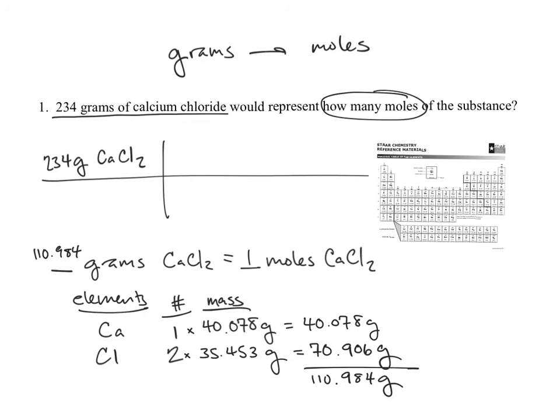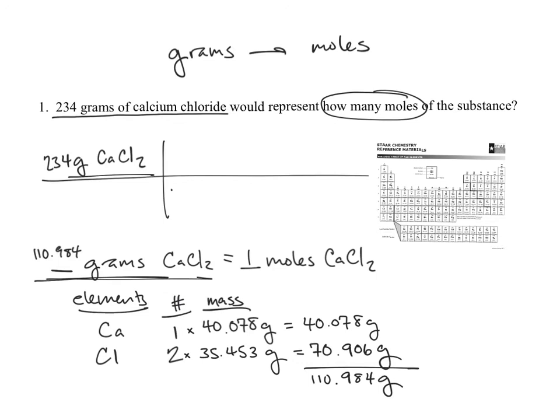So essentially, finding molar mass is just finding the conversion factor between moles and grams. Now we've got to plug this into our handy dandy dimensional analysis chart. We've got grams of calcium chloride on the top, which means we're going to need grams of calcium chloride on the bottom.